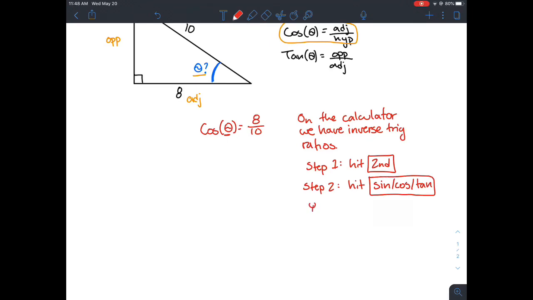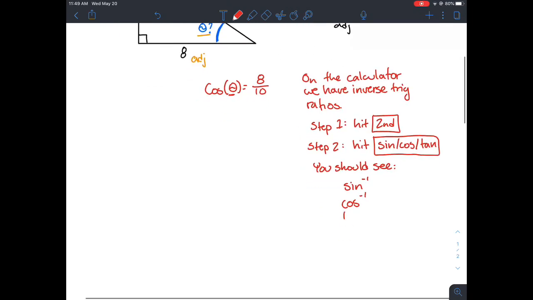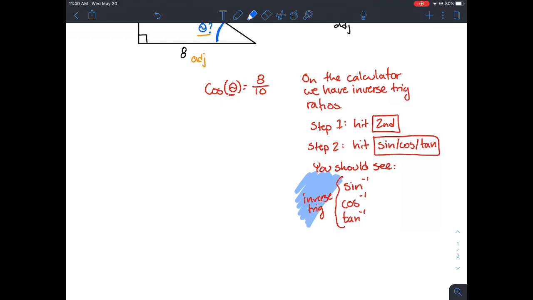And then you should see either sine to the -1, cosine to the -1, or tangent to the -1 power in your calculator screen. This is what we want to see. These are the inverse trig ratios. So when we're all said and done, this is what we want on our calculator, one of those three. And this is how you get to it.